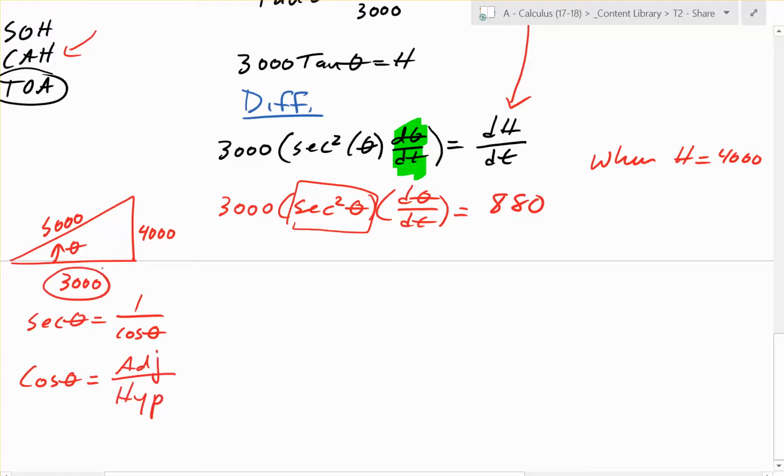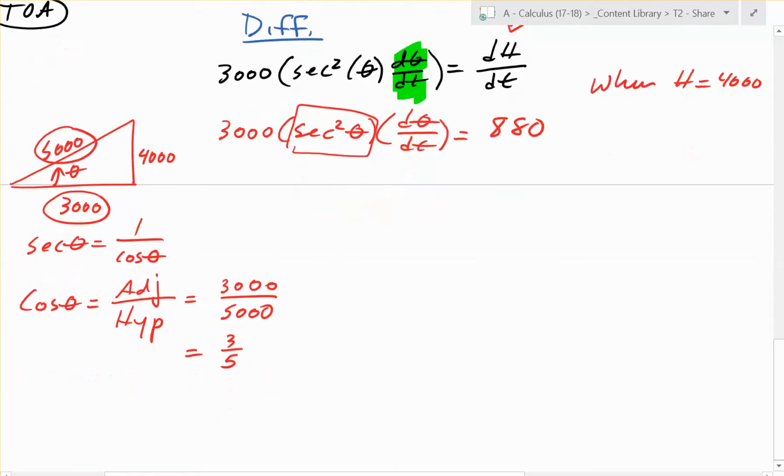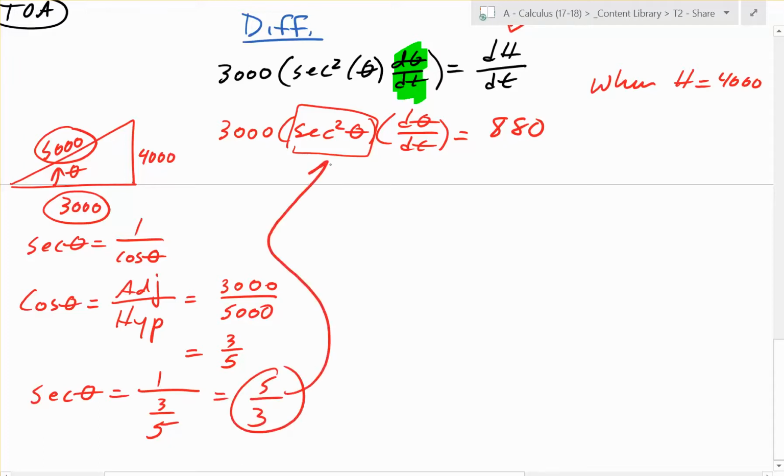The adjacent side is 3,000, and the hypotenuse is 5,000. So the cosine is 3/5. So we know that secant of theta is equal to 1 over 3/5, which means it's going to be 5/3. Make sure you meditate on this because that is a very key part of this problem.